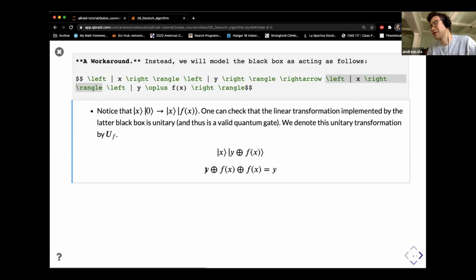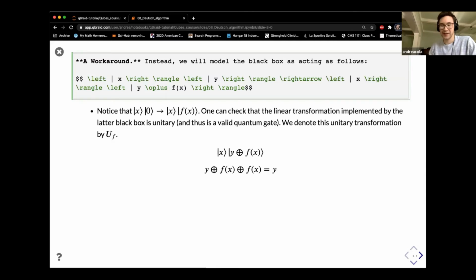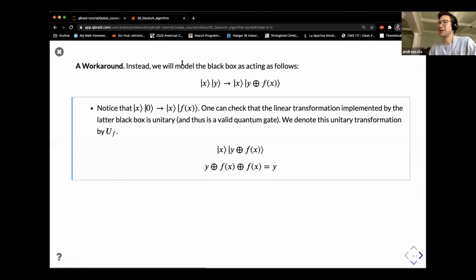And if I do this, I would have started with f of x, I sum an additional f of x, and this gets me back to y. And so in this way, I've gone from the right-hand side back to the left-hand side. I've recovered y. This, okay, qBraid says that he got it.